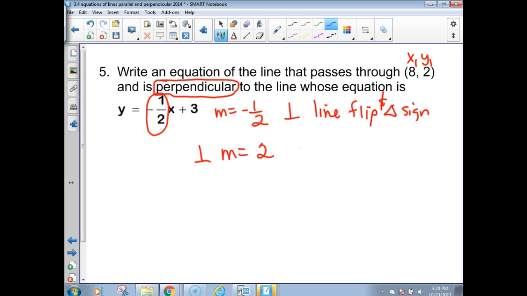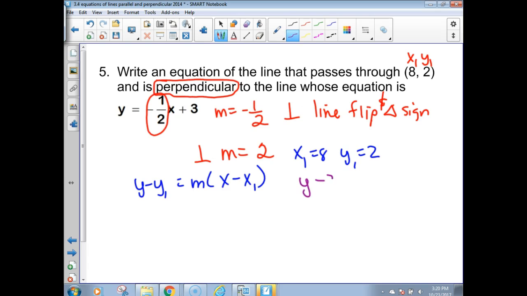All right, we use the format. We've got a point where x1 is 8 and y1 is 2. We're going to plug that into the point-slope formula. So that's going to be y minus 2 equals 2 times (x minus 8).